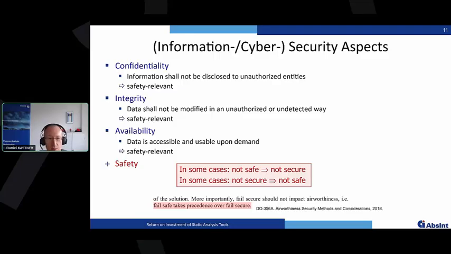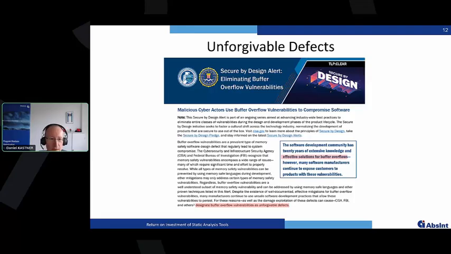And from the security perspective, this is quite an interesting web page from the American CISA. And, well, they said, okay, if you look at past vulnerabilities at the software level, then, well, many of them are related to runtime errors like buffer overflows, and in particular buffer overflows on the stack or on the heap.